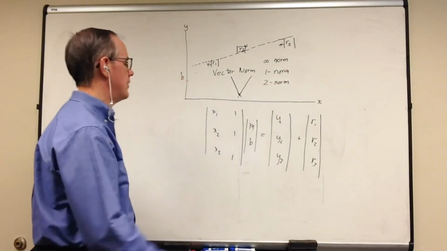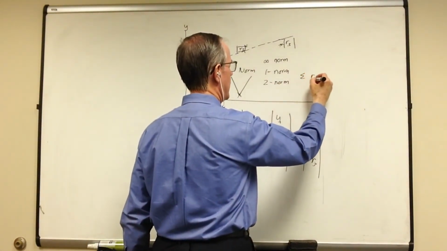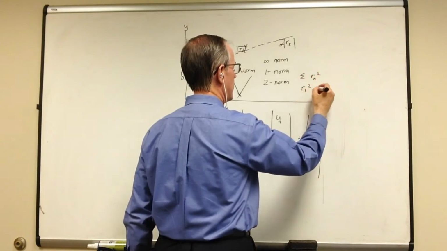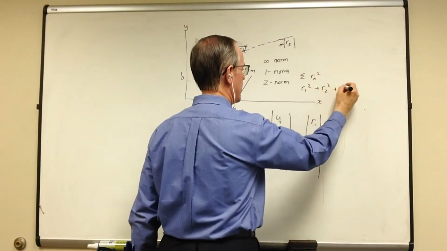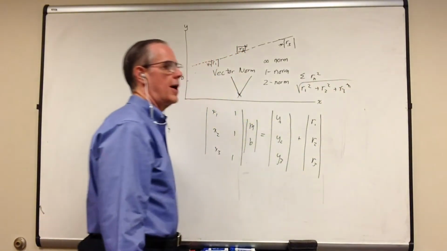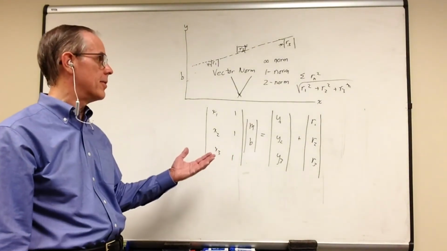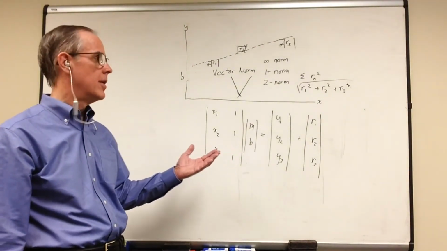Two norm optimization is basically where I take the sum of R1 squared plus R2 squared plus R3 squared. Sometimes I'll take the square root, which makes you think of a triangle, which is why it's called the Euclidean norm in many cases.